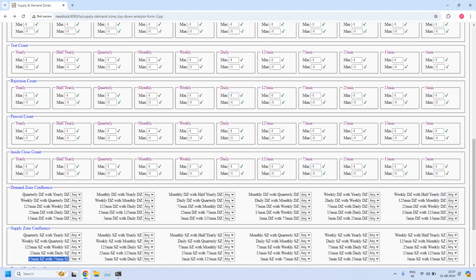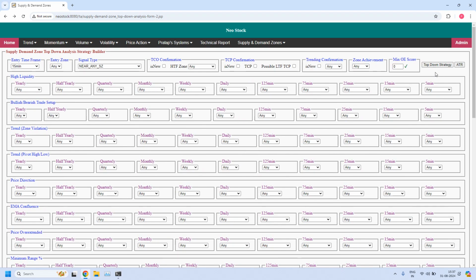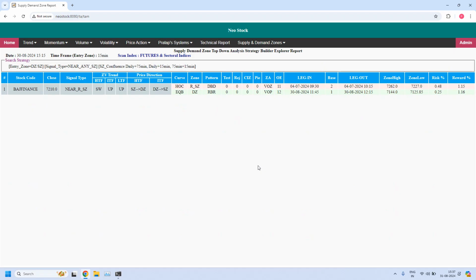The first one is enabled, 15 minutes. The next, 15 minutes and daily supply zone is enabled, and 75 and daily supply zone confluence is also enabled. Now all the 3 LTF, ITF, HTF options, let us filter. Only one stock is filtered, Bajaj Finance.